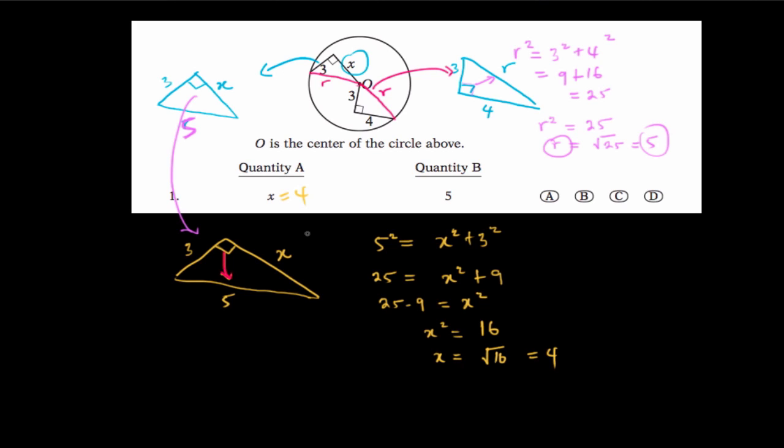So our X equals 4. Looking at quantity A and quantity B, quantity A is 4 and quantity B is 5. You'd observe that quantity B is greater than quantity A. Since quantity B is greater than quantity A, our solution is B. That completes the problem.